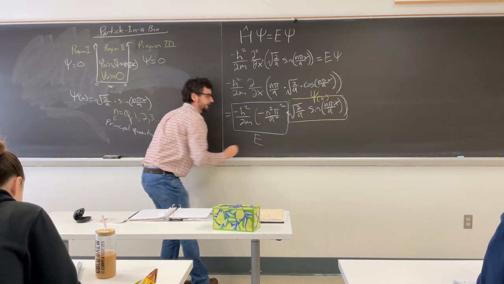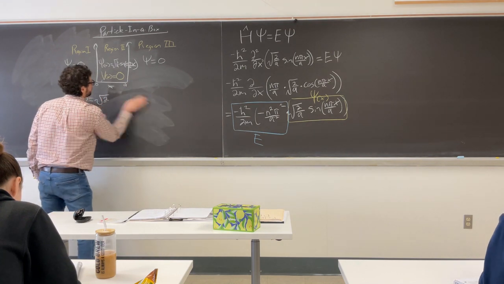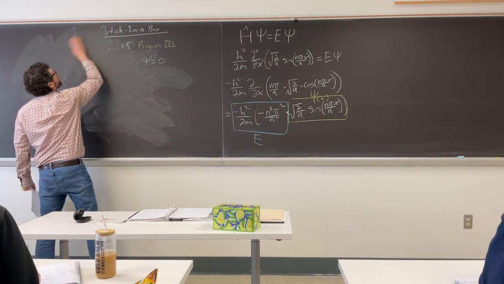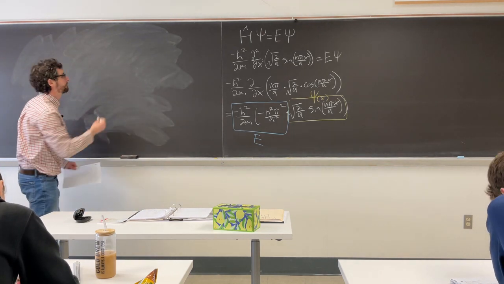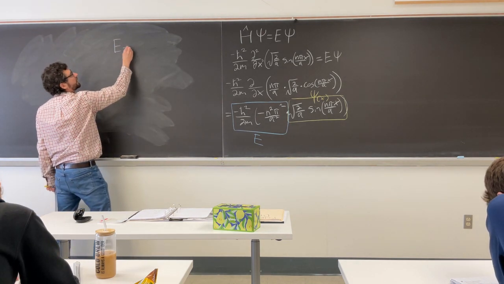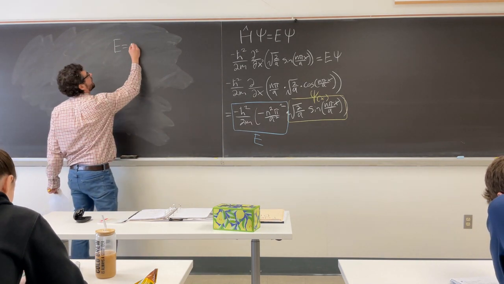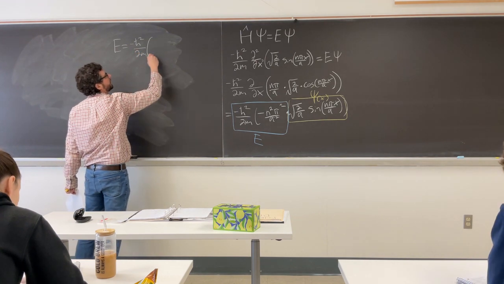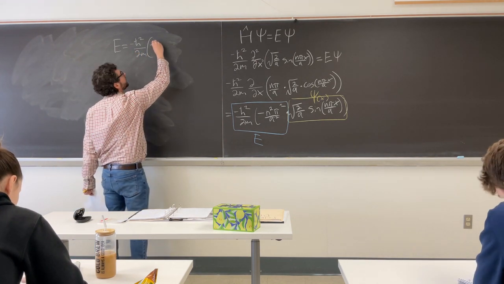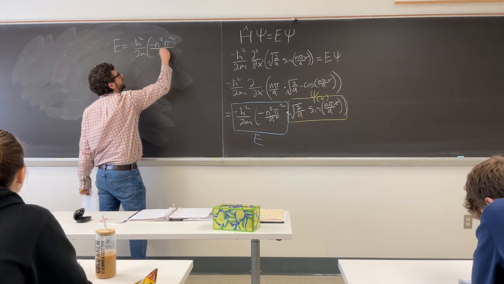Yep, that's our energy. Okay, so now we can get rid of the wave function on both sides. We don't have to worry about it. Our energy is negative h bar squared over 2m times negative n squared pi squared over a squared.